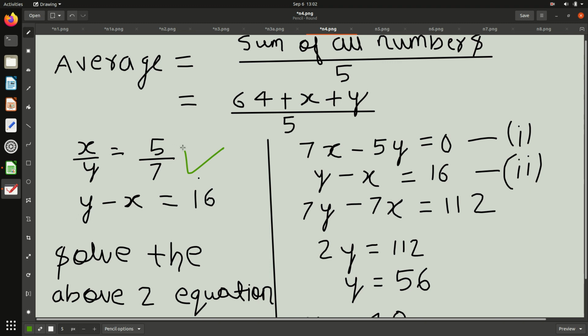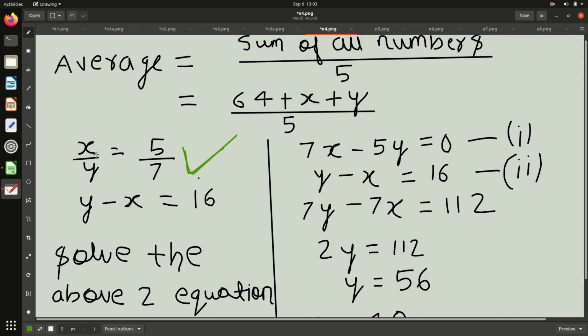Because if you look carefully at the ratio 5:7, the value of y is greater. So obviously the y value is greater, and that's why we write y minus x equals 16.